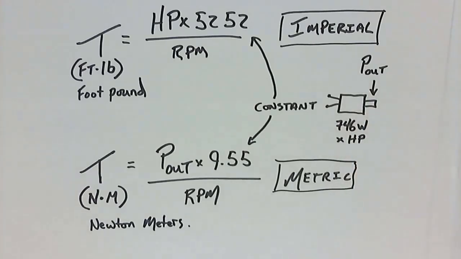And that would then give you the total power output in watts. The RPM is simply the speed, right? Revolutions per minute. So you can calculate torque in either one of these methods. It's up to you, and it really doesn't matter which of the two you use.